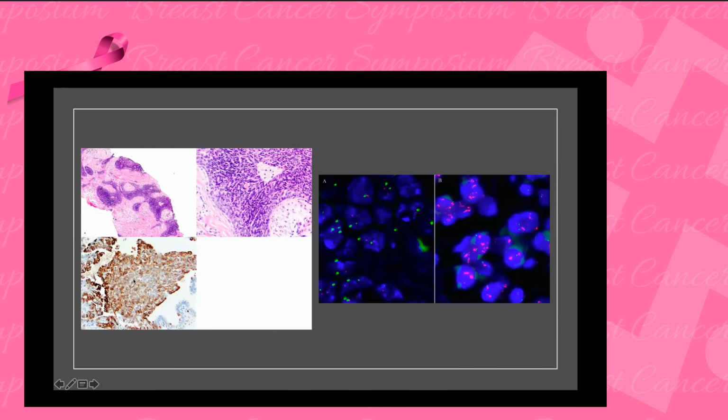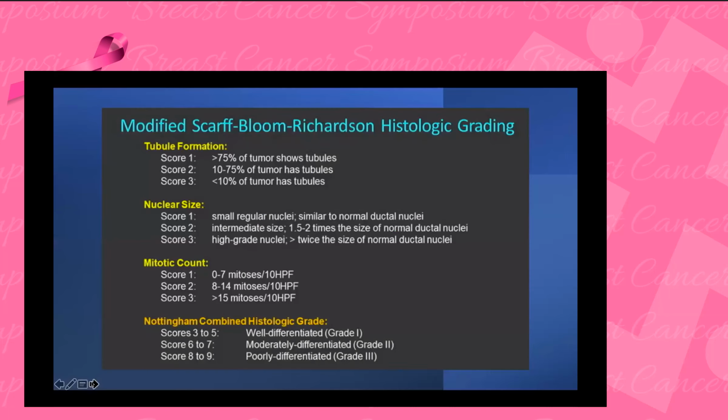I think this one would be a HER2 because it's a cytoplasmic and membranous stain. And on the right, it shows you molecular testing for HER2. So we can send the same tissue for HER2 testing.